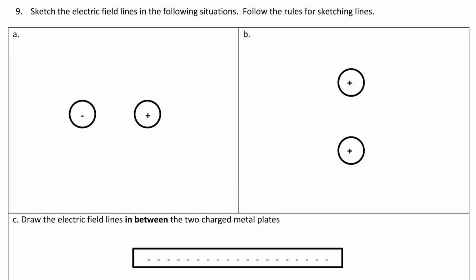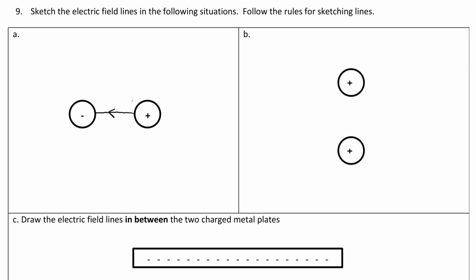Follow the rules for sketching lines. So we're going out of positive and into negative. If I put a positive test charge here, the positive test charge would be going in this direction here. So we don't actually draw the positive charge. We just draw the field line going like this. And in between these two, how do I know it's curved, right?